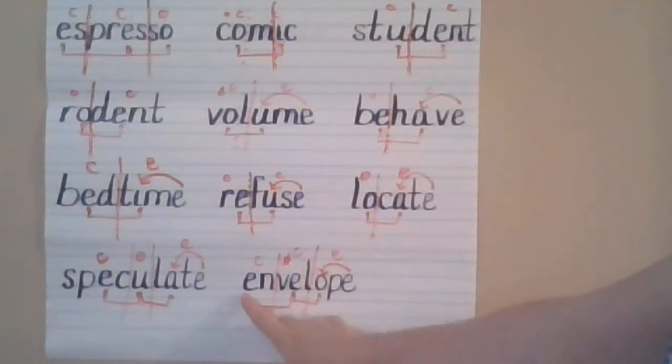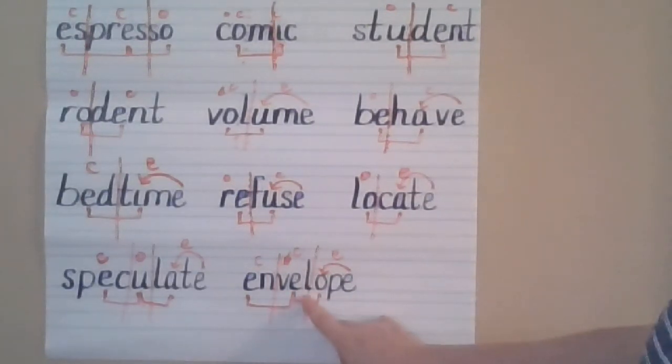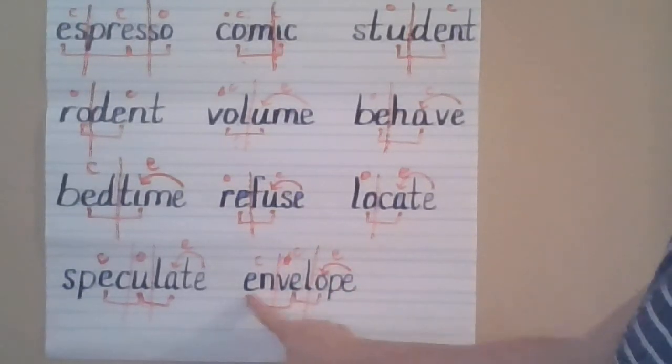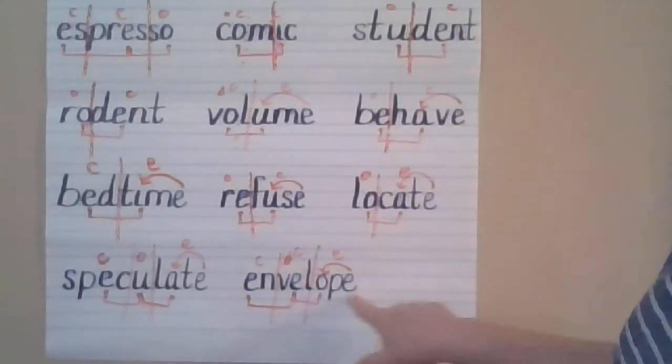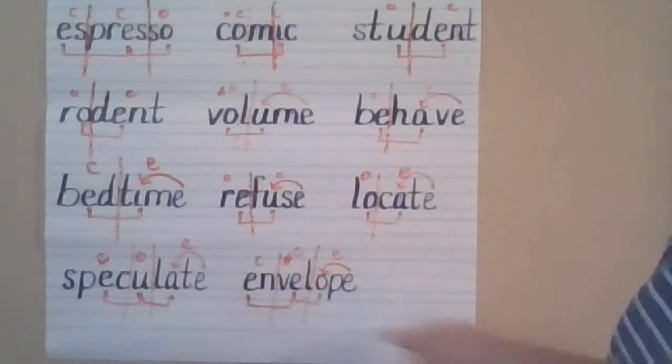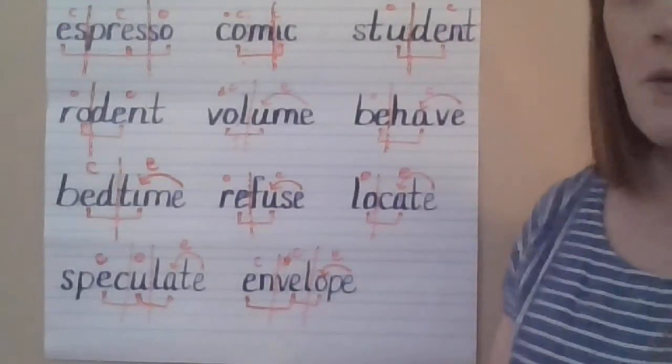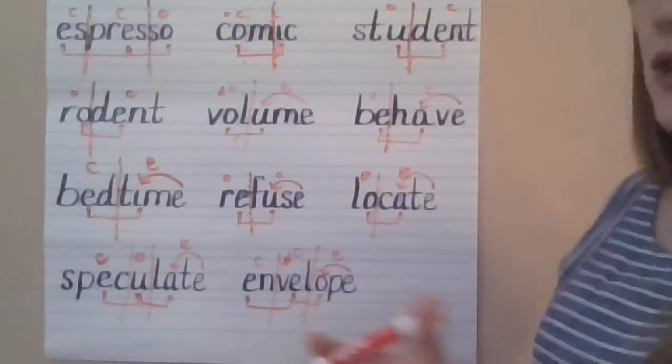So this one stayed the same. En, vel, ope. Envelope. That is the correct way to do it. Sometimes you just have to play around with it. Envelope, something that you use in the mail to mail letters.